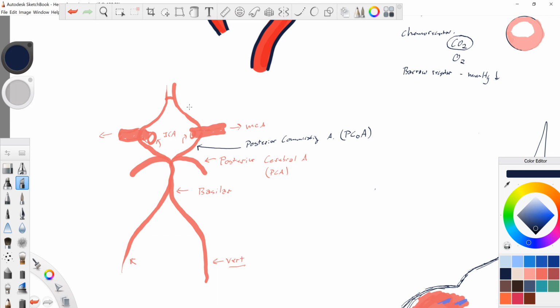Now you would think this would be the anterior communicating artery, but it's not. So don't forget I said that. It is the anterior cerebral artery, ACA.